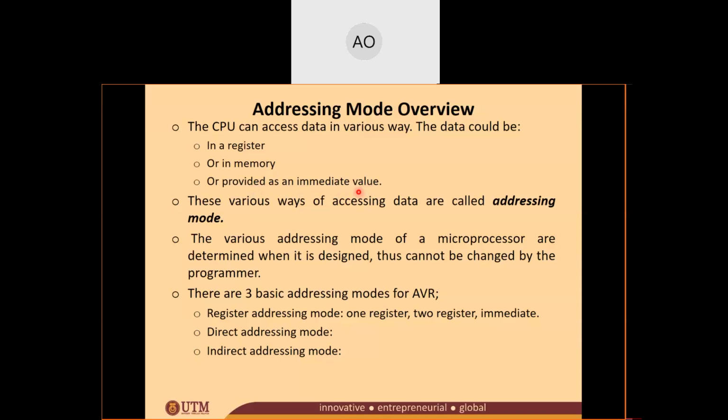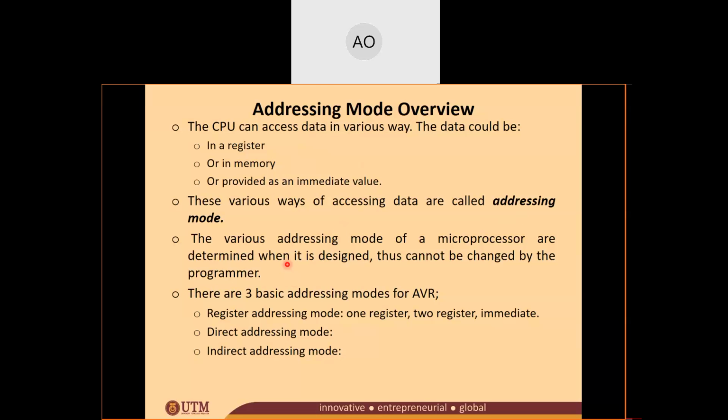These various ways of accessing data are called addressing modes. The way you access this data, whether it is inside a register, memory, or an immediate value, we call an addressing mode.